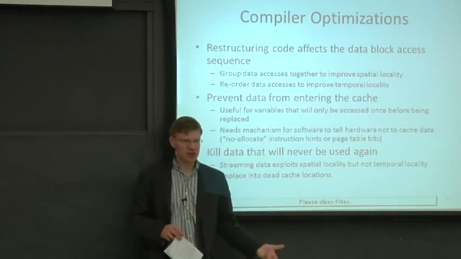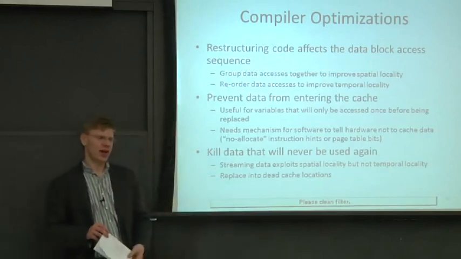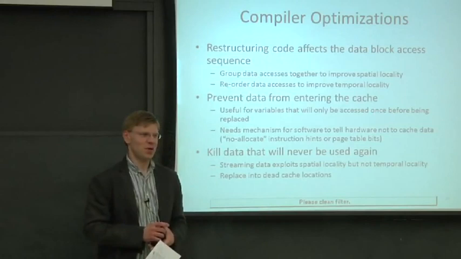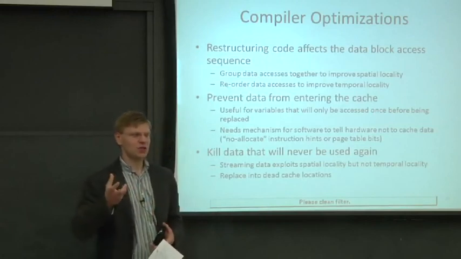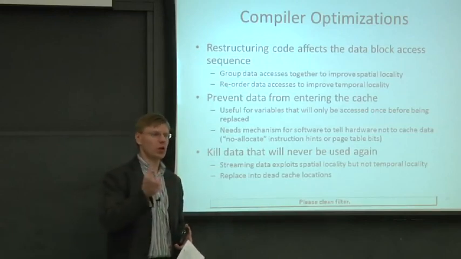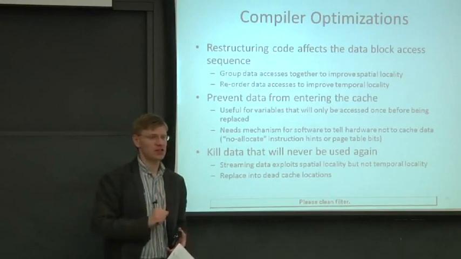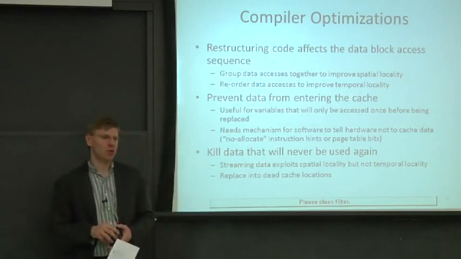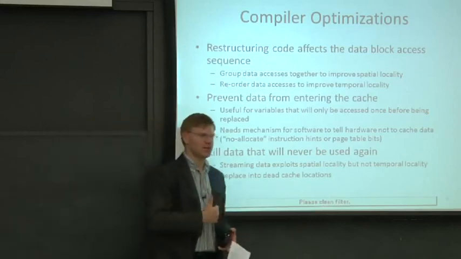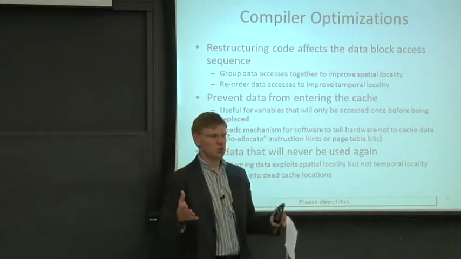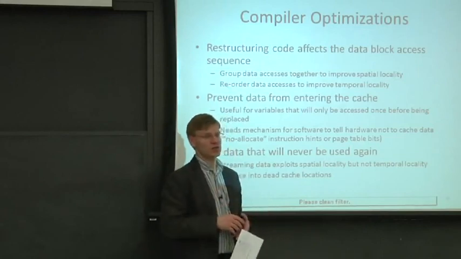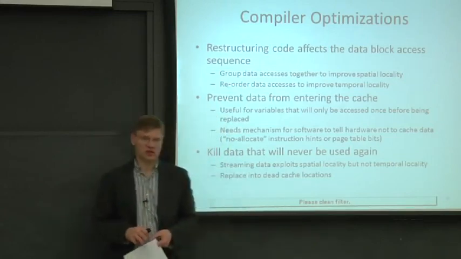Some languages allow you to insert padding or reorganize some of the fields in a data structure. By doing that, you can get more performance by reorganizing the data so you put all of the things that you access in a row right next to each other. And that'll get you, for instance, spatial locality.